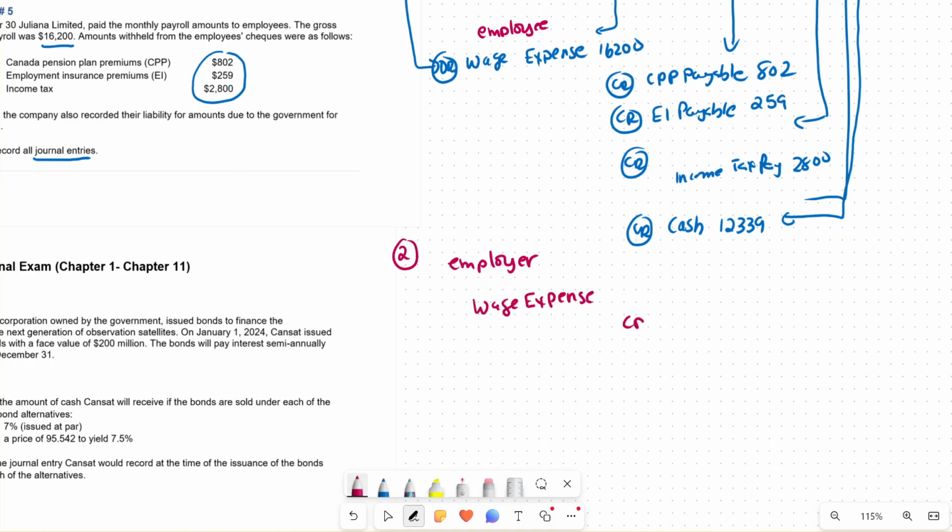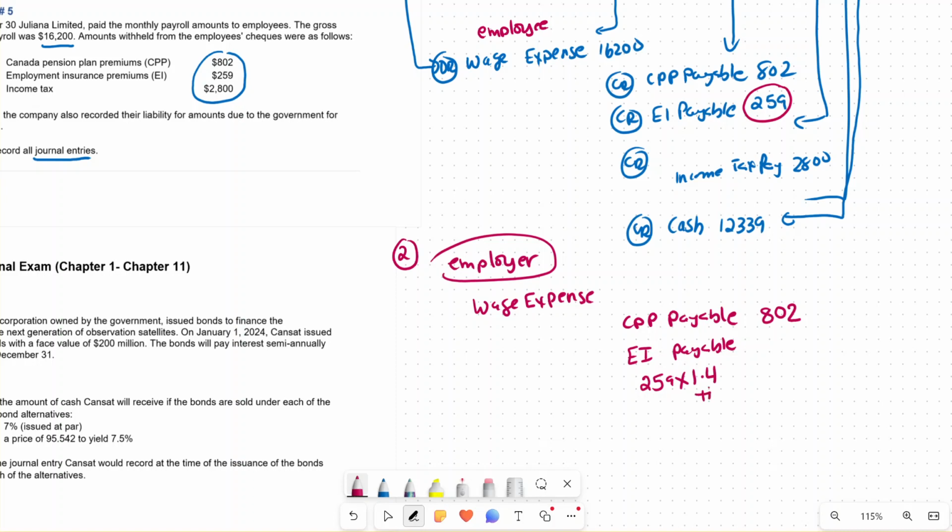CPP payable: the employer matches the CPP. Whatever we deduct from the employees, we match the same amount, so our expense is the same. For EI, whatever we took out from the employees, in this case 259, we multiply by 1.4, and that gives me 363. If I add these two numbers, it will be 1165.